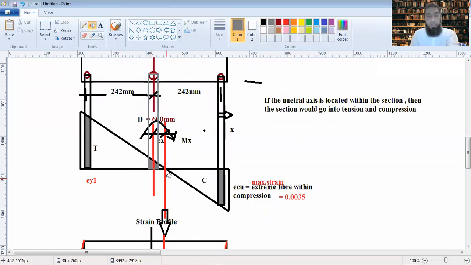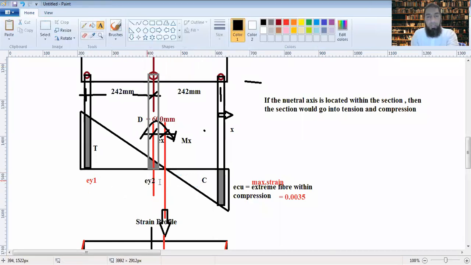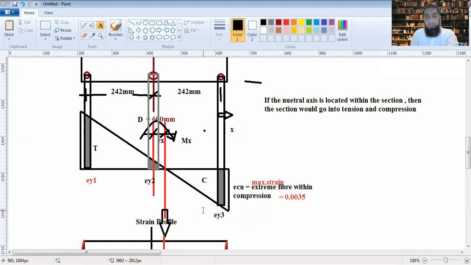So this portion is also under tension load. So you have steel bar under strain EY2. This was EY1. Then you have steel bars under strain EY2. Then you have steel bars here under compression EY3.